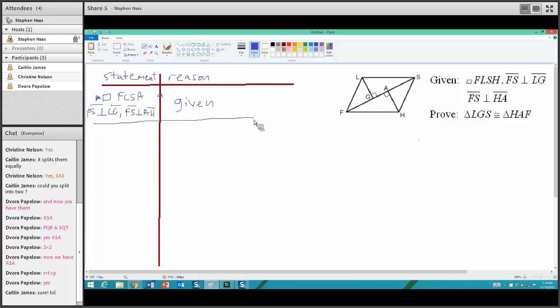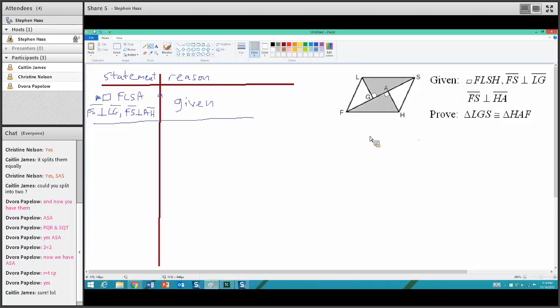All right. Now we have to prove the triangle LGS is congruent to triangle HAF. So let's fill in that triangle. LGS and HAF.